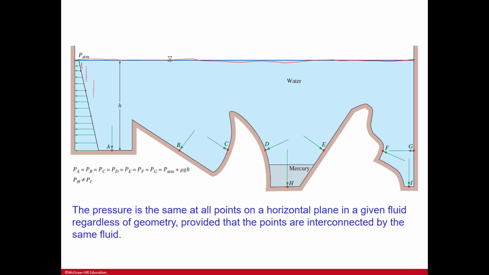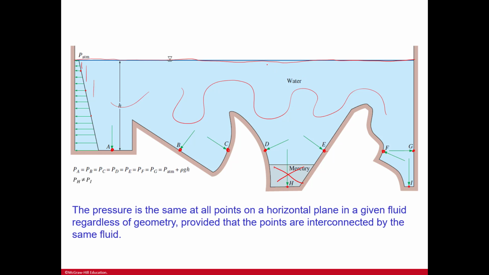And so when we get all the way to here, as long as all of this is connected by the same fluid, which it is, this is different, right? Because that's mercury, we're not counting that. But the same pressure here is here, is here, is here, is here.